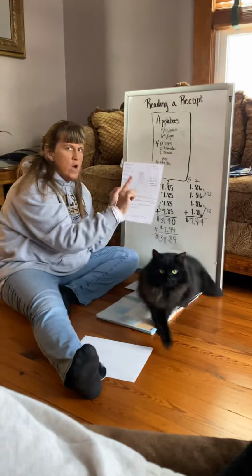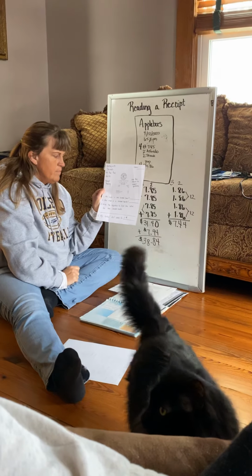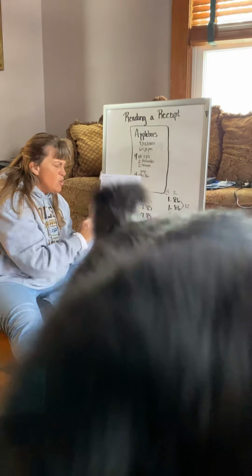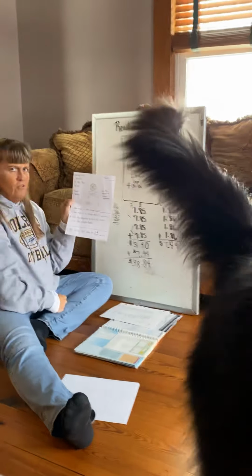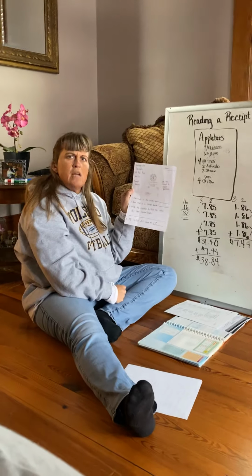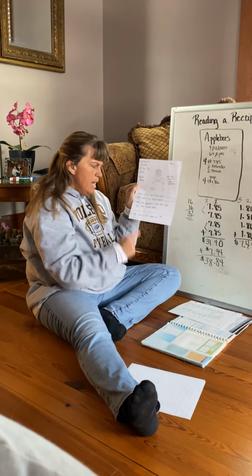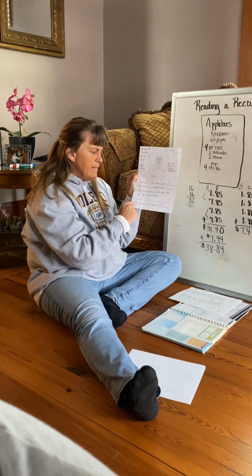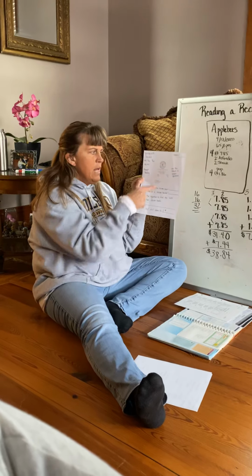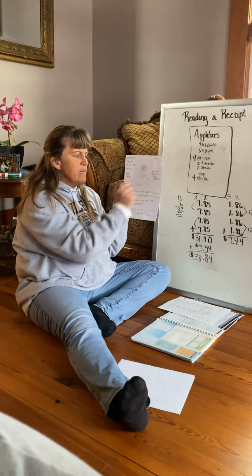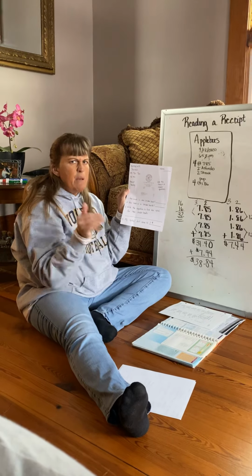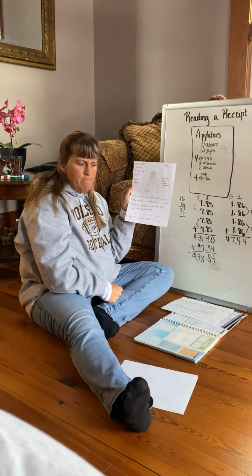How much is 1 chicken burrito? Then I want you to write the equation to find the total for 2 chicken bowls. And then the last question, my total bill. So you're going to total this bill up. Simple, right? You guys got this.